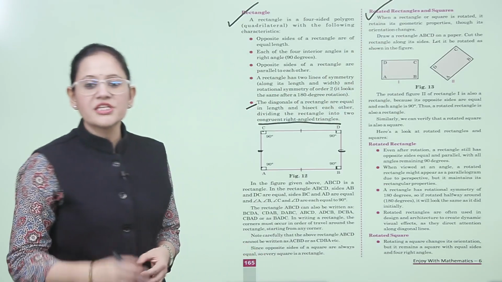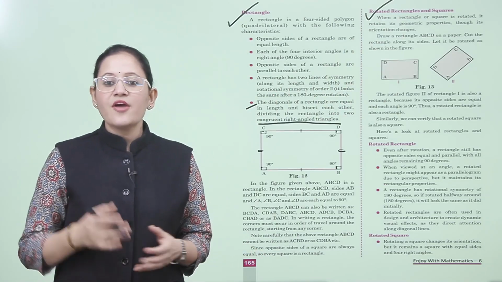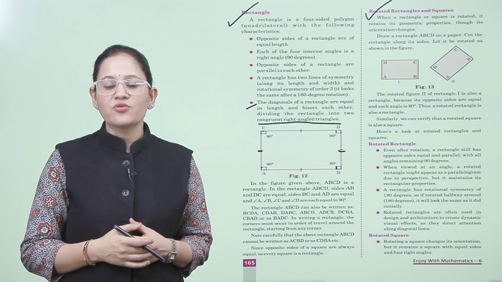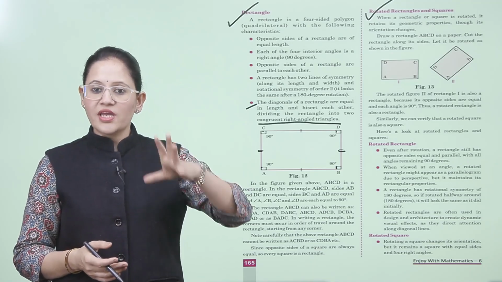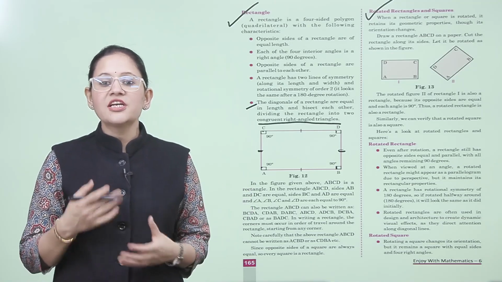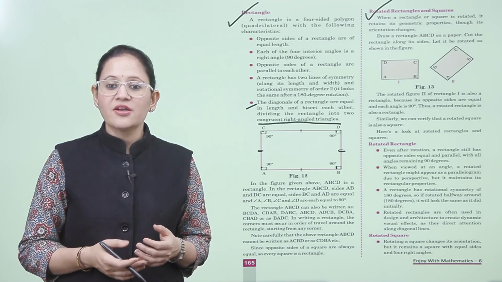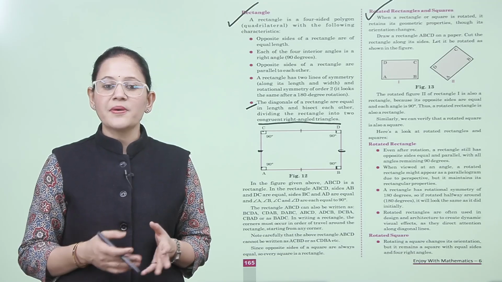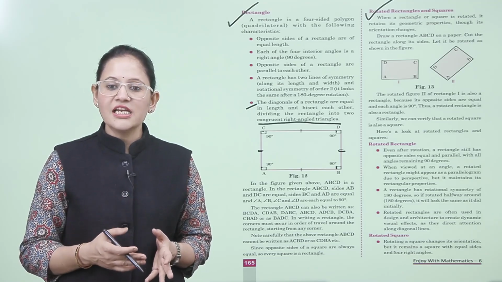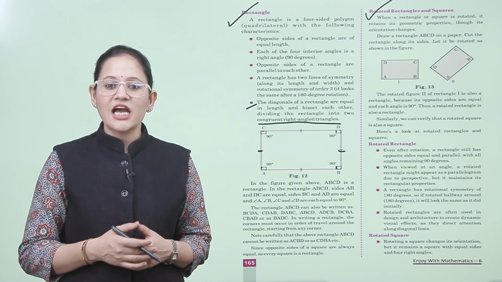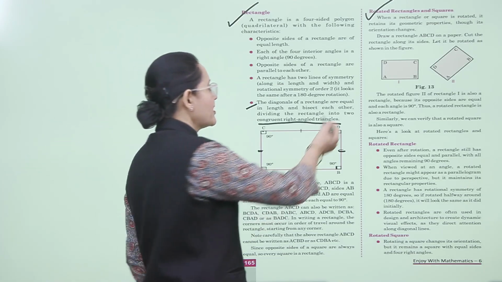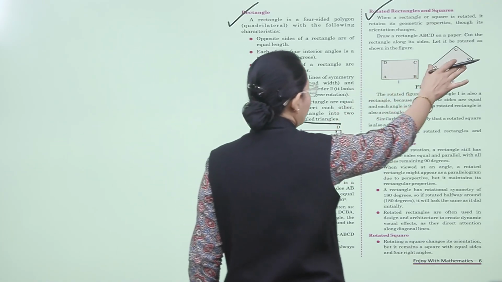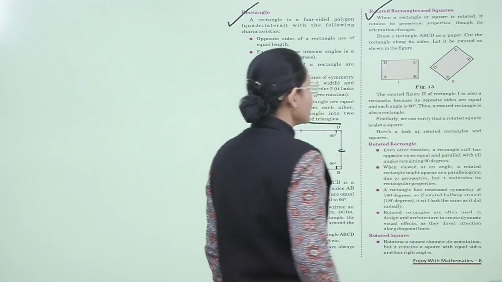Next is rotated rectangle and square. When we rotate a square and rectangle, what happens? It retains its geometrical properties through its orientation change. Draw the rectangle ABCD on the paper, cut the rectangle along the side, and let it be rotated as shown in the figure. So, this is a rectangle. Now, if we rotate it, it will look something like this.